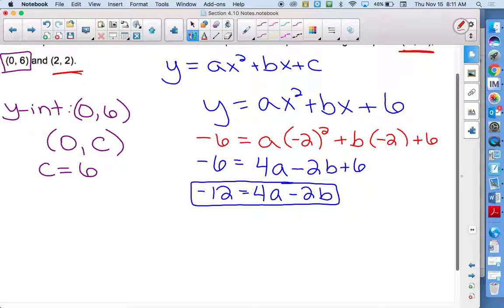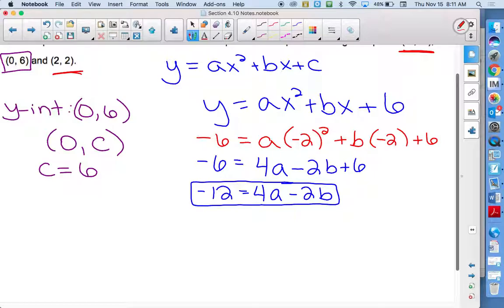We still have another point, and that other point is (2, 2). What do you think you would do with that other point? What did we do with the first point? Julian? Plug it in for X and Y, because that's the only thing it represents.